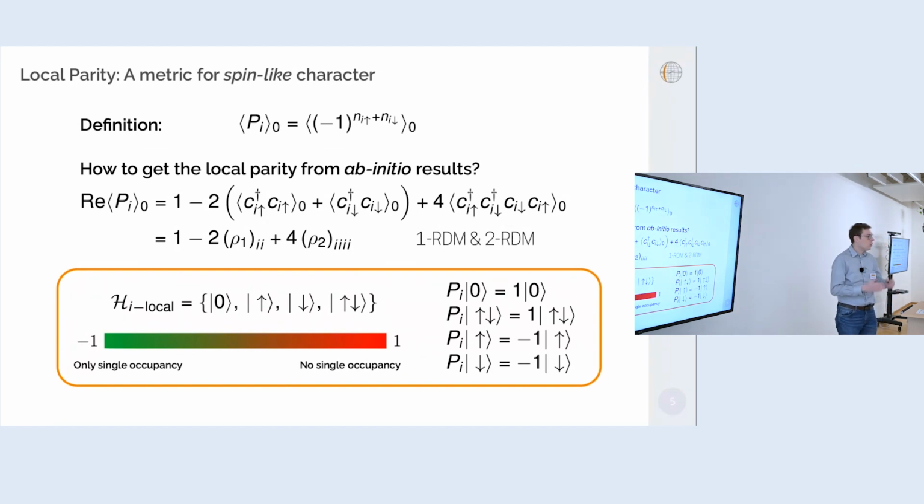So if we find a basis where there are orbitals with local parity very, very close to -1 or even -1, we know these are very good spin degrees of freedom because there's no fluctuation of the particle number in this orbital left.